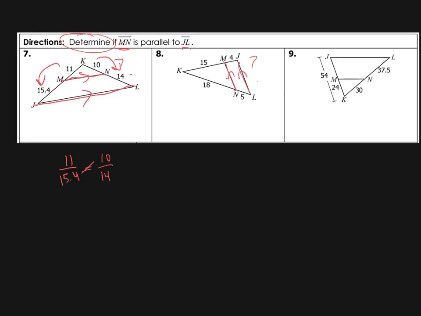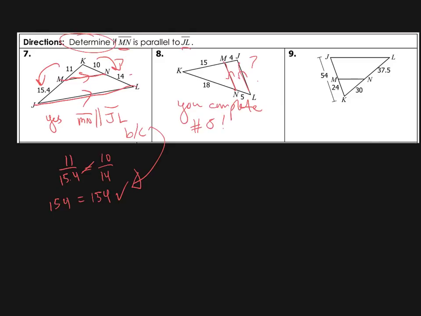When I multiply 10 times 15, I get 150, and when I multiply 11 times 14, what do you get? You should get 154. So check. The answer to this is yes, MN is parallel to JL, because that worked out. If it didn't, then they wouldn't be parallel. Can't have one without the other.